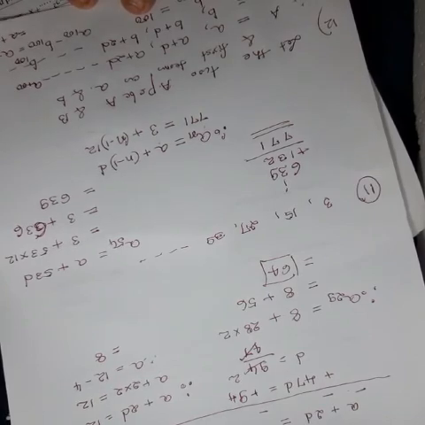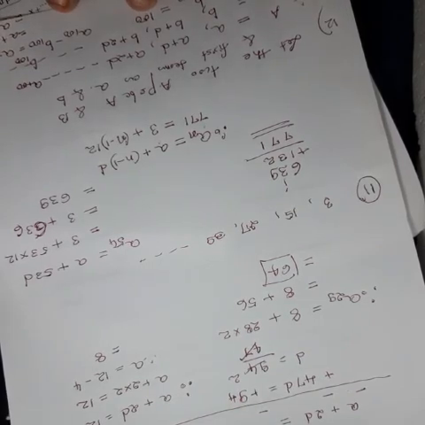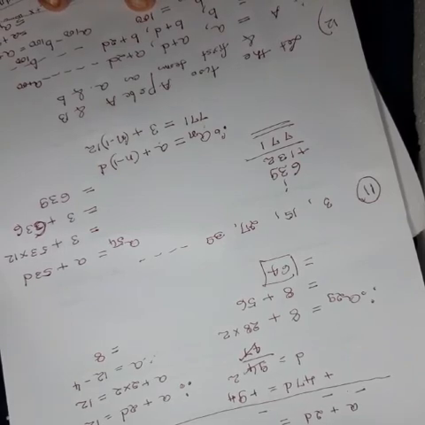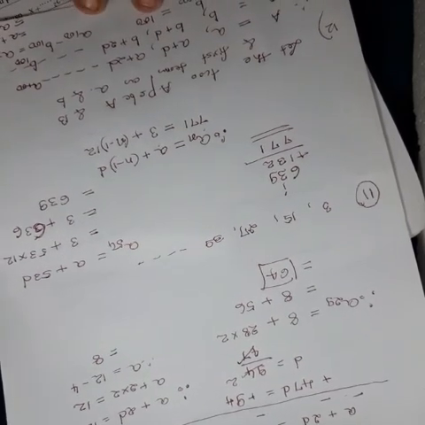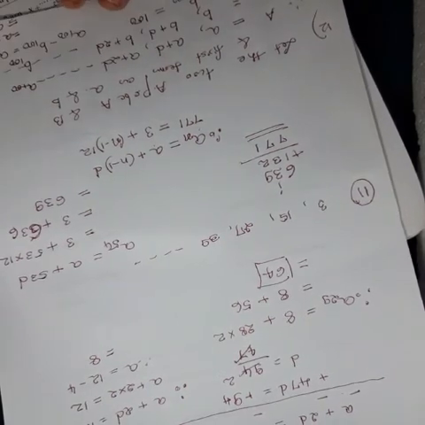Now plus 99D minus 99D will cancel, and you get A minus B. A minus B means what? A1 minus B1. So A100 minus B100 is equal to A1 minus B1. Similarly, it will be A2 minus B2. You will get like that actually.